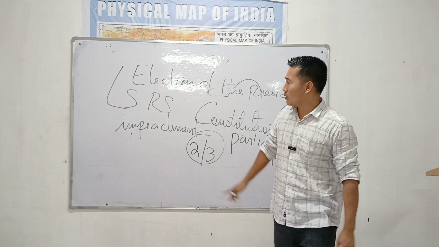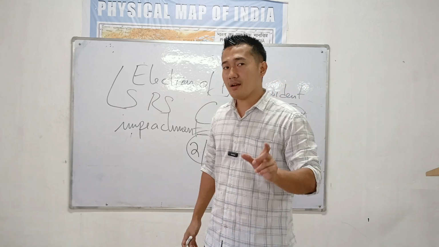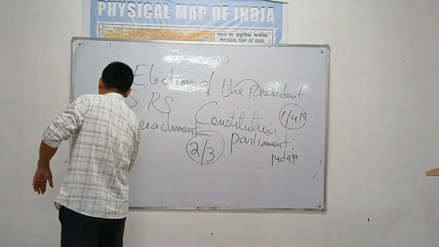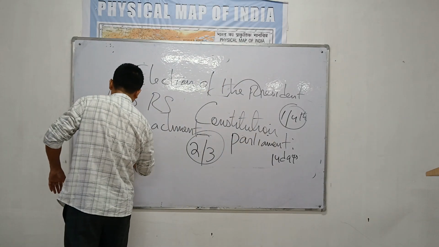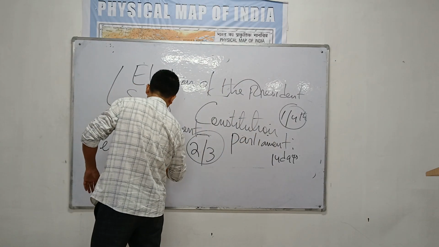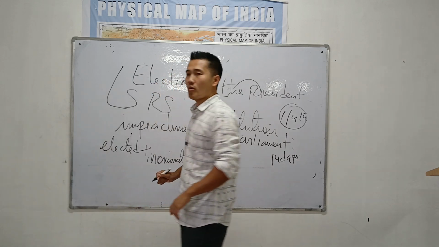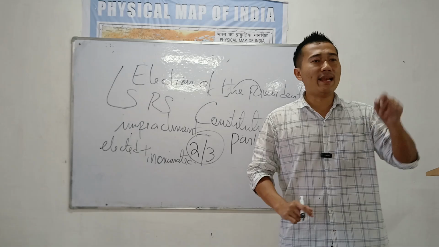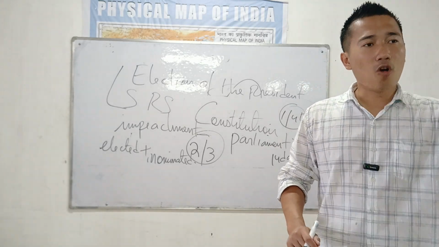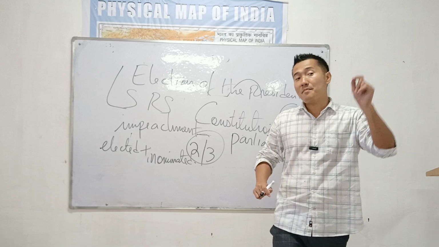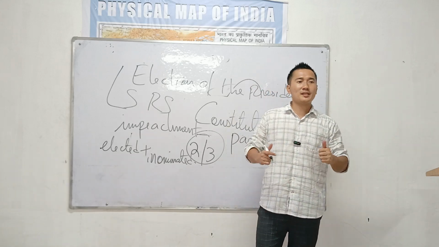And remember, one more difference. Here, to remove the President, both elected and nominated members will participate. This is so important. Both elected and nominated members of the parliament participate in the impeachment process of the President of India.